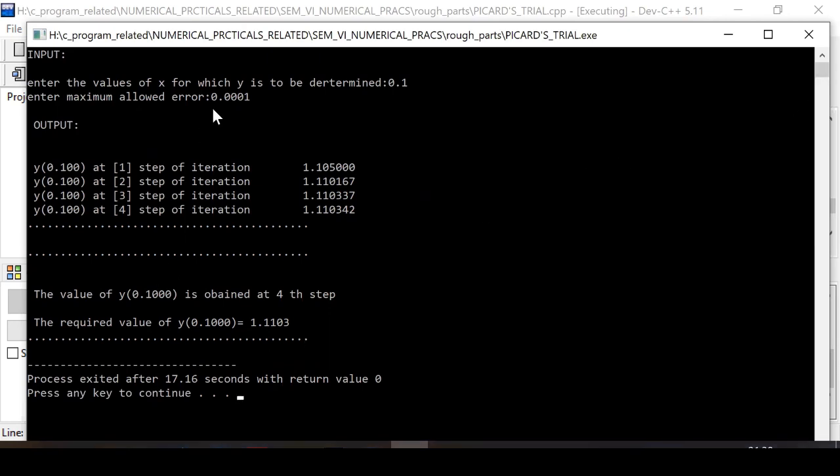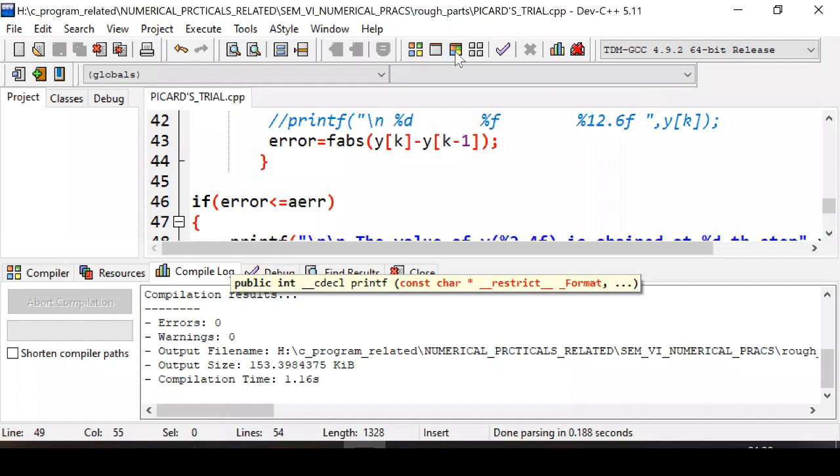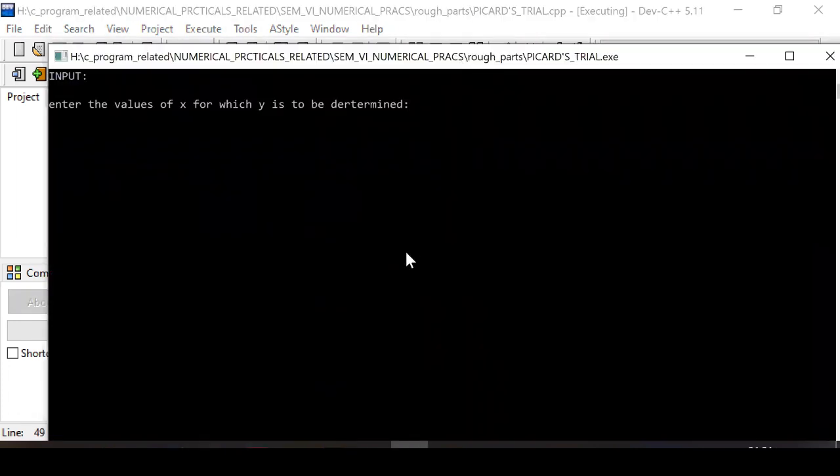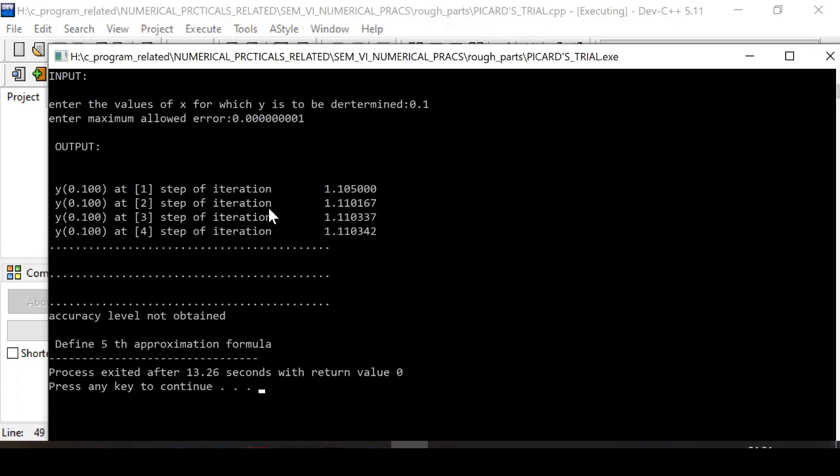Now let me increase the accuracy level to see whether the other part of the if condition is running or not. Let us run it again, then put the value, and let me increase the accuracy level. Maximum allowed error up to this I am allowing. Now you see this is the error message which is coming: define the fifth approximation formula. It is not giving you the accurate value anymore. It is giving you only the values calculated from the expressions you have entered.